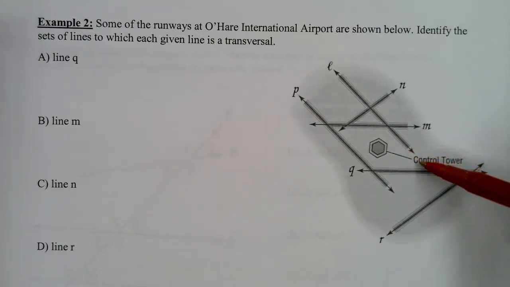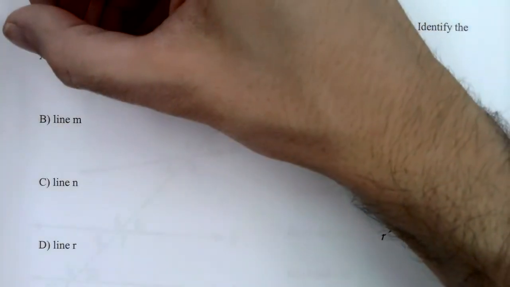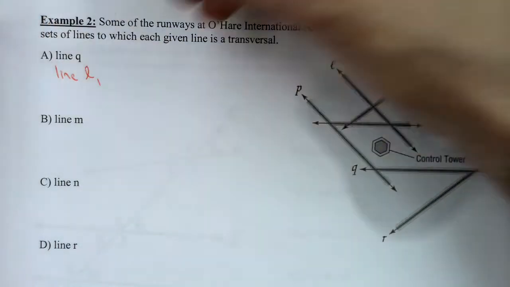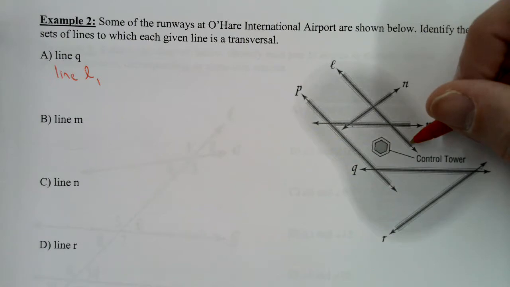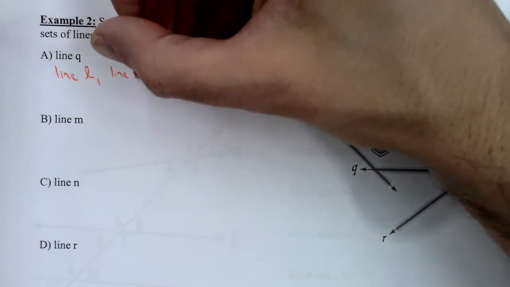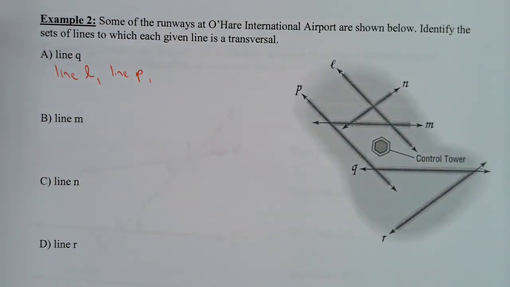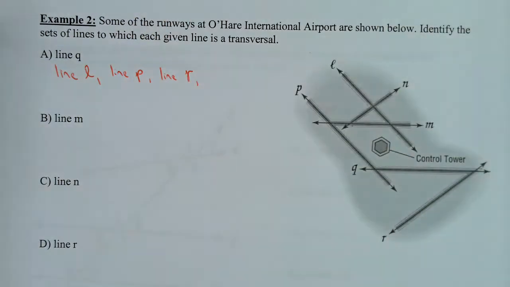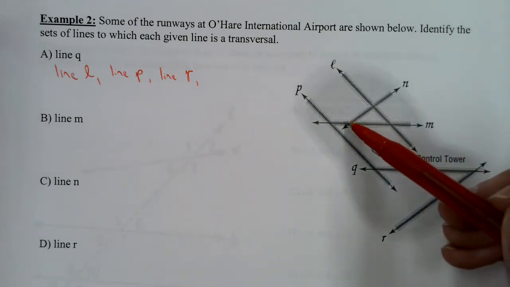So when line L is extended, it intersects line Q. So I'll say line L. Line Q also is a transversal to line P, because line Q intersects line P. Line Q intersects line R, that's an R.